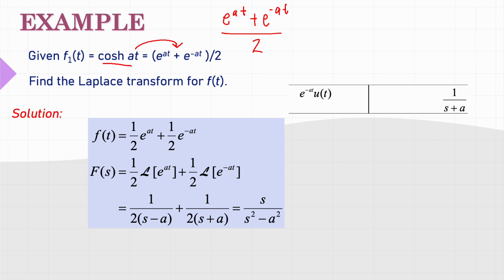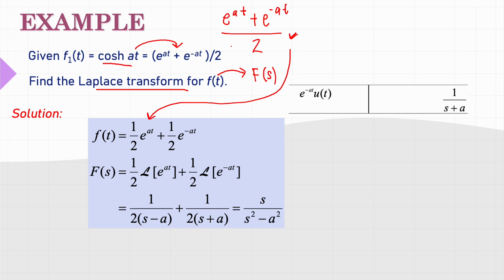The question asks us to find the Laplace transform for this equation, meaning that our objective now is to have the equation in the S domain. So what we need to do first is rewrite this equation to make it simpler, so that we can identify it more easily.